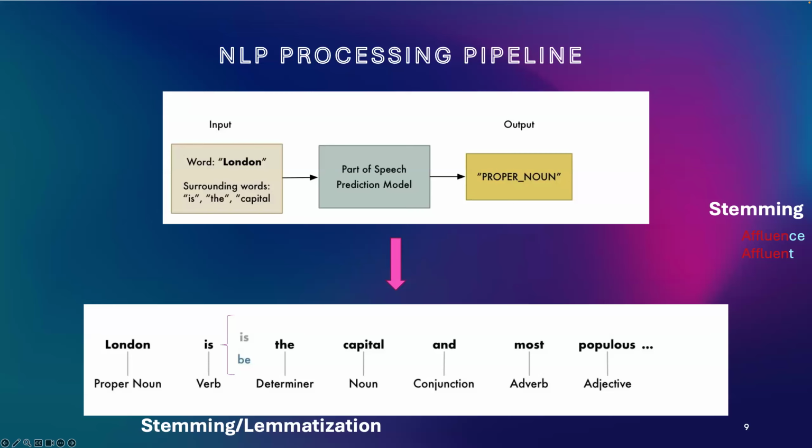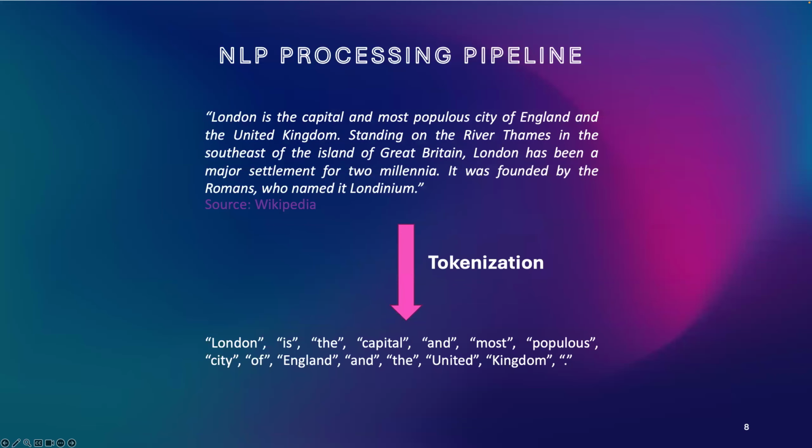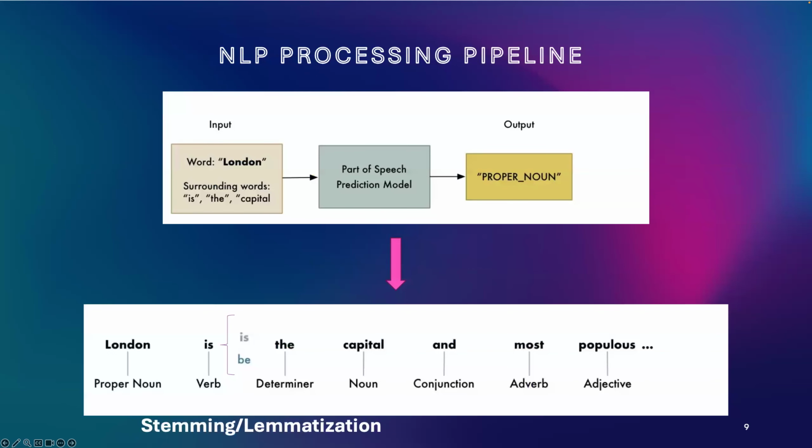And then for lemmatization, for instance, we had in this original text, in another sentence, if I go back to it, give me a second. Standing on the River Thames in the southeast of the island of Great Britain, London has been a major settlement for 2 millennia, right? Now we go back.